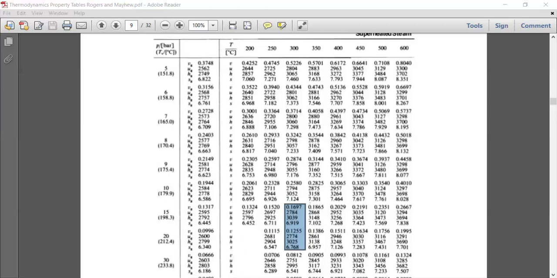You can do interpolation or even extrapolation. Because at 15 bar you know the values, and at 20 bar you know the values, and at 18 you have to find them. So 15, 18, and 20.